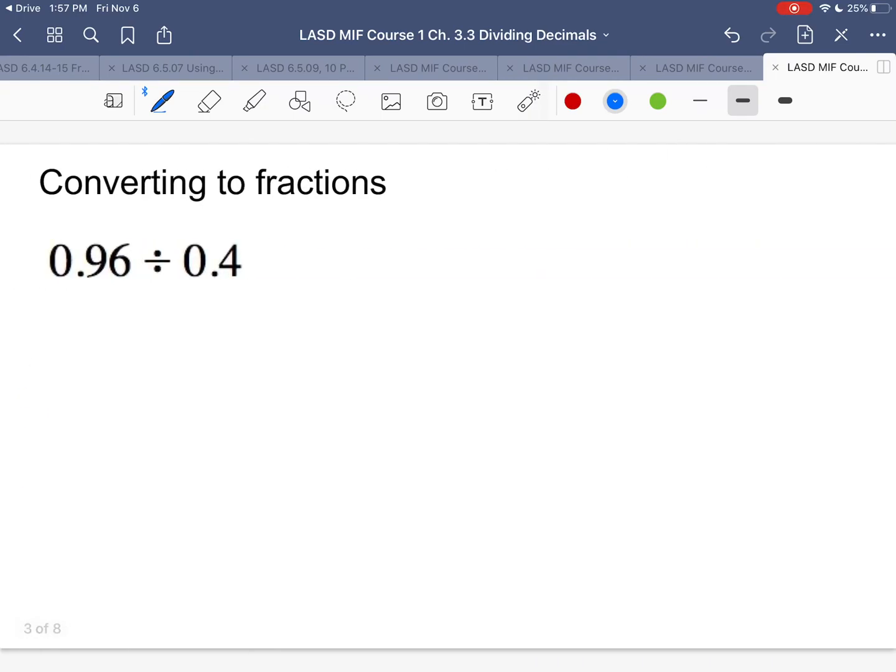So in this first example, let's convert the numbers to fractions. And we have 0.96, which is 96 hundredths, divided by 0.4, which is 4 tenths. And we know that to divide by a fraction, we multiply by the reciprocal.